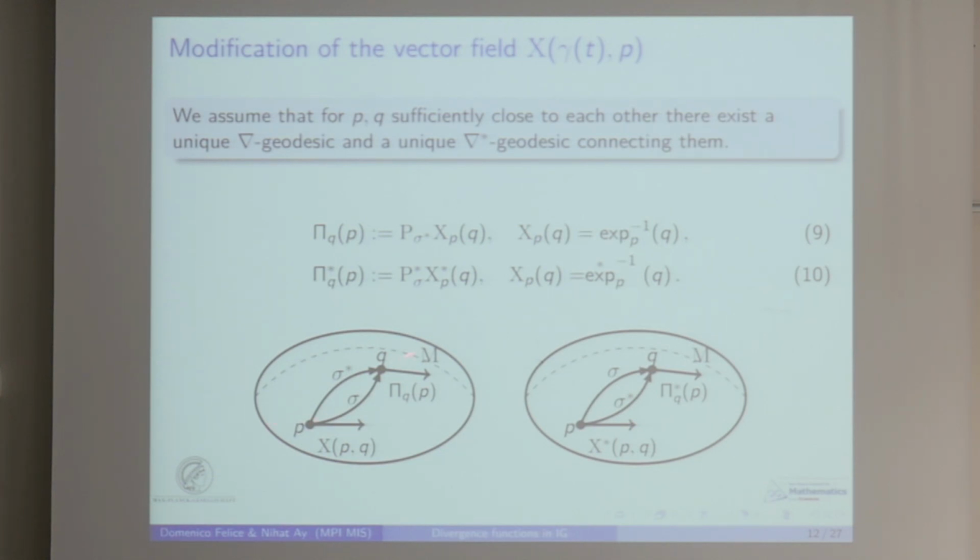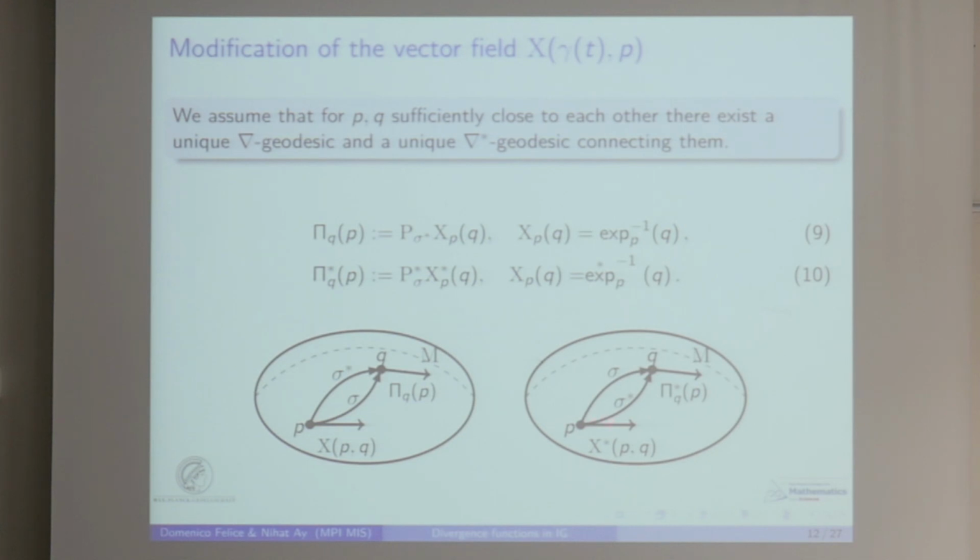For p and q sufficiently close to each other, consider the nabla geodesic connecting p and q. Then we take the nabla velocity at p and move it with the nabla parallel transport along the nabla star geodesic up to q. This is the definition of the vector pi.